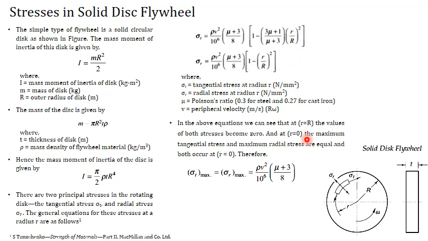the maximum tangential stress or the maximum radial stress is equal to rho v square into mu plus 3 by 8 divided by 10 raised to power 6. So for both the stresses, sigma R and sigma T, the maximum stress developed is at radius r equal to 0.